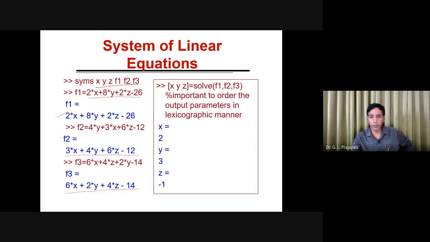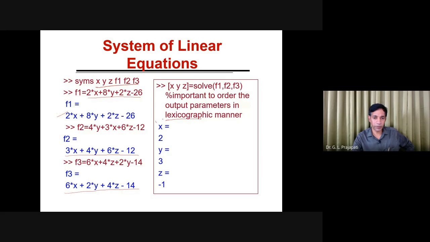An important thing is to order the output parameters in the lexicographic manner. So this is the case: x, y, z. If you have variables in the expression, you have to see the variables. Here you have 3 variables, and it will output the first variable according to the lexicographic order.